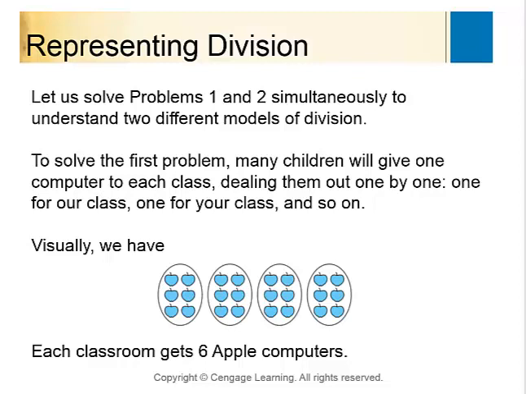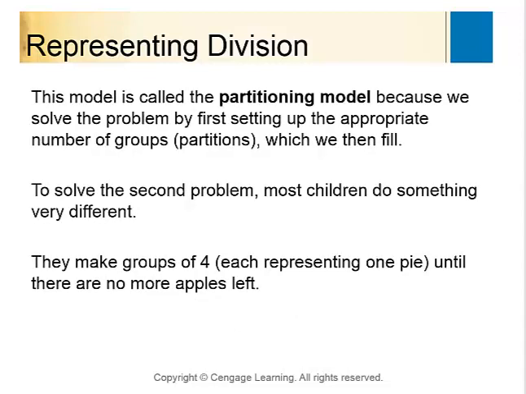So what we could do, since we have 4 classrooms, I think, we can just start plopping our Apple computers in there until we reach the 24. After which we can go, oh, look at how many computers each classroom gets. This model is called a partitioning model because first we set up our groups and then we started plopping our little computers in there.